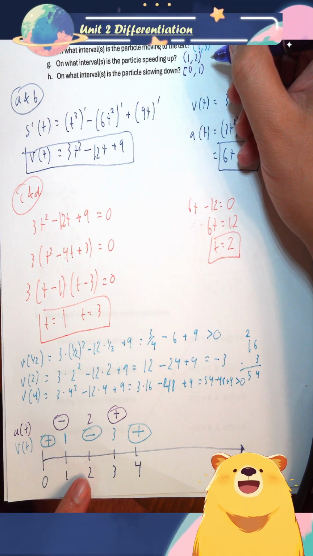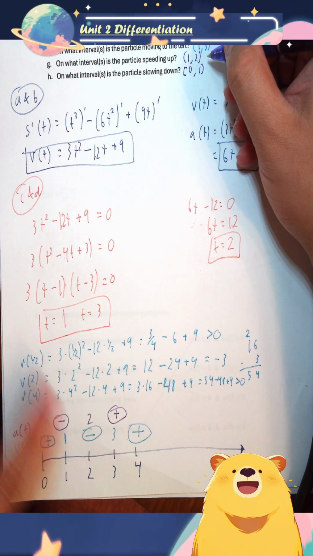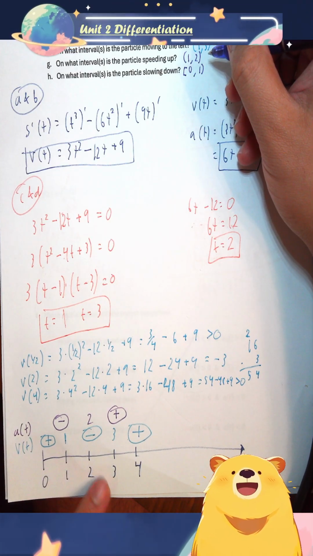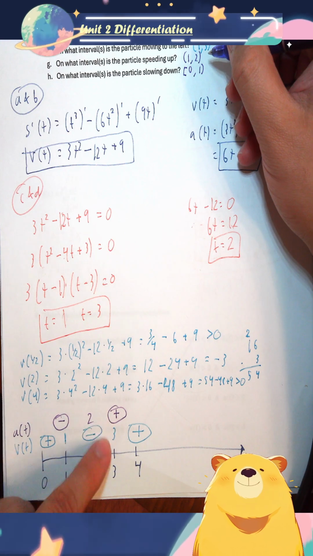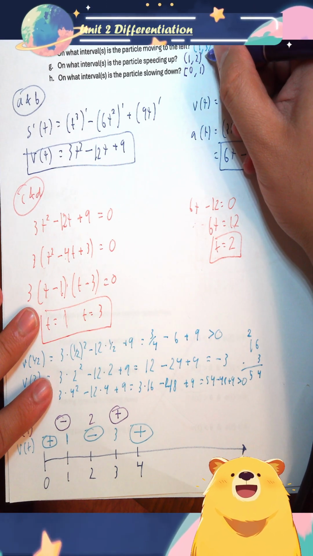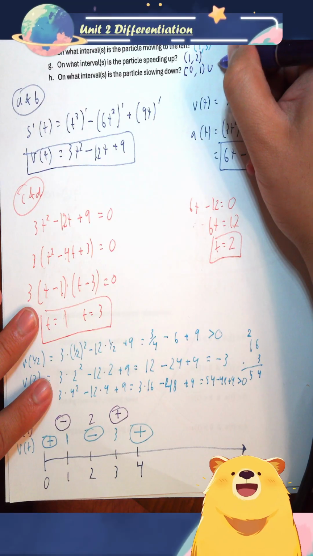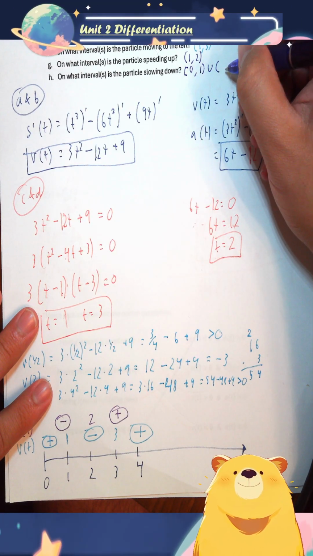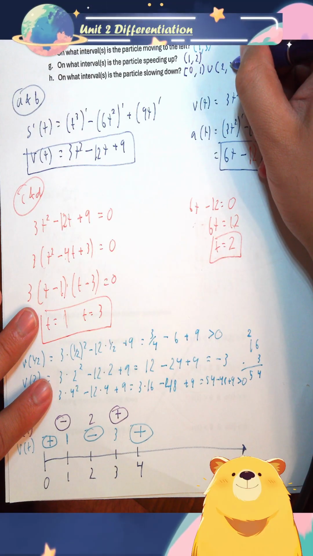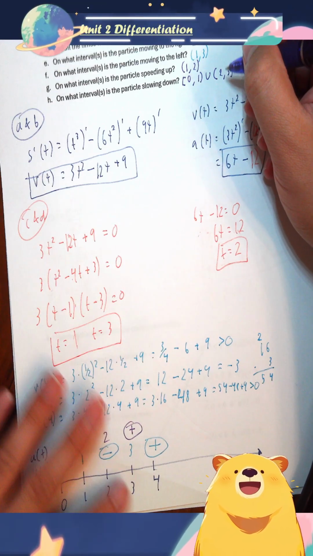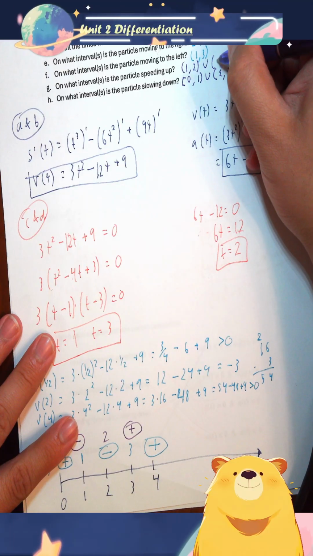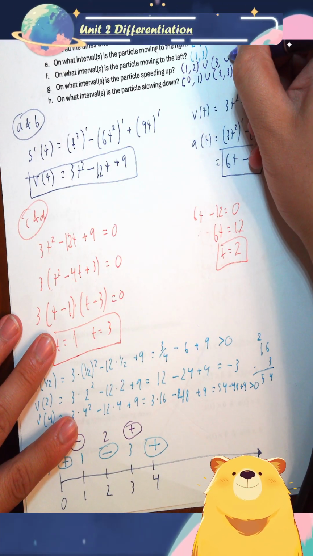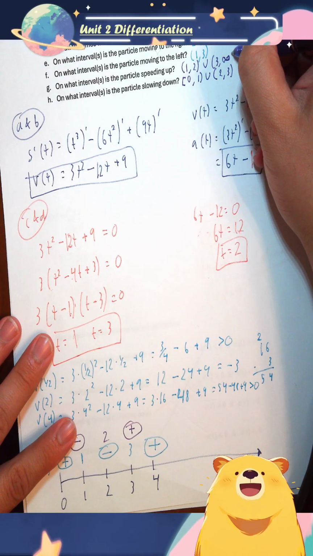And then it's not moving at 2 because it's 0. But then from 2 to 3, they have alternating sign values. So that means slowing down. And then 3 and beyond, they have the same signs, so it's speeding up.